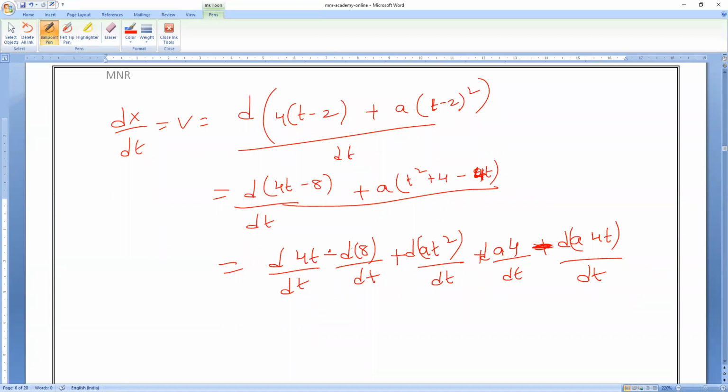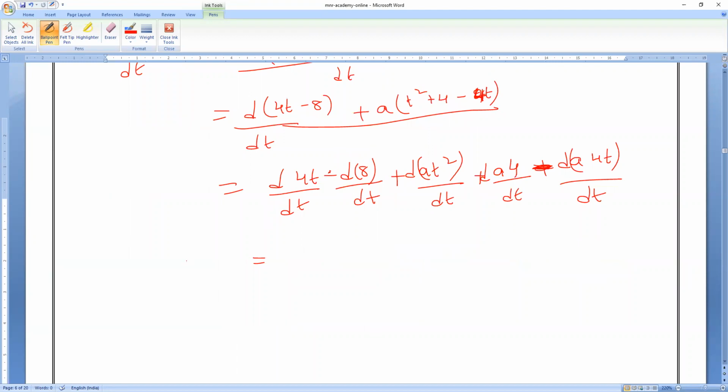How much will it come? Differentiation of 4t is 4. Next, the constant 8 becomes 0. Differentiation of a t square by dt is 2at. Next, this is a constant, so it becomes 0.